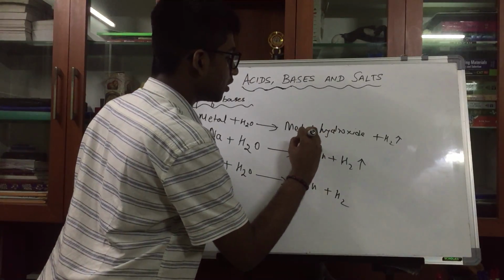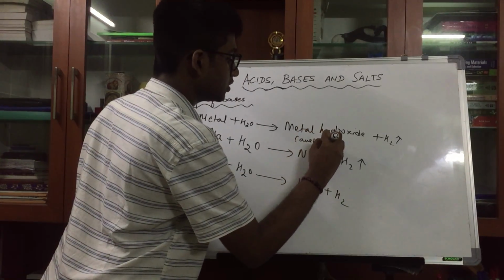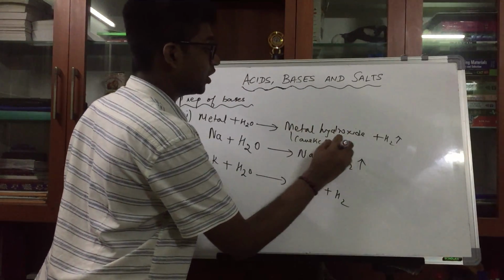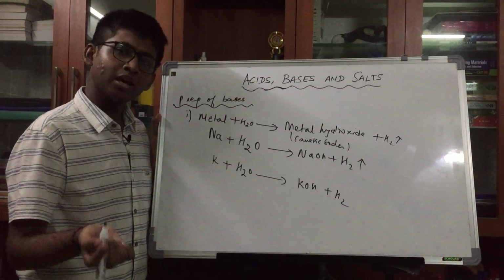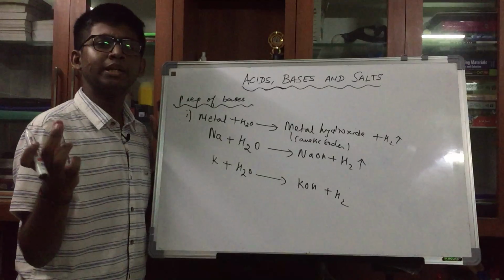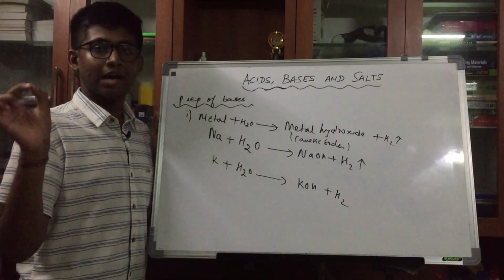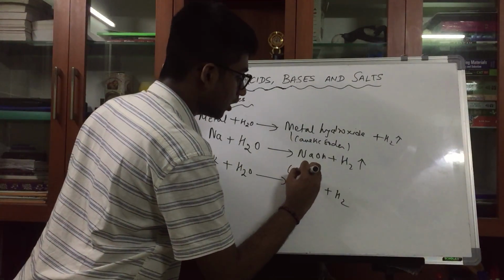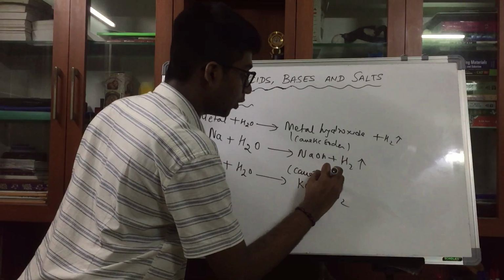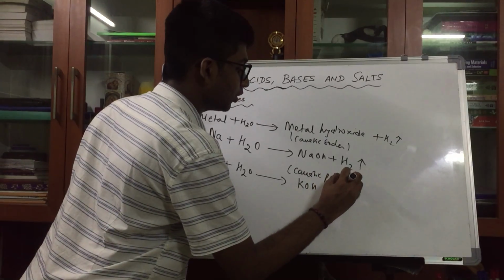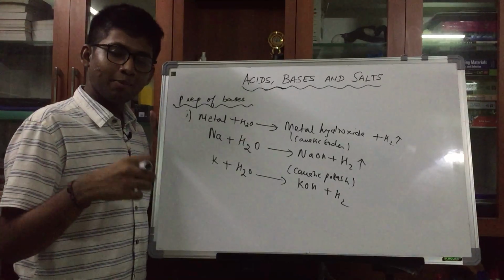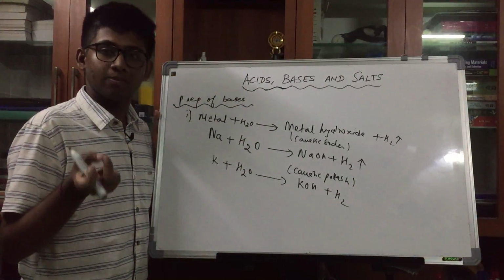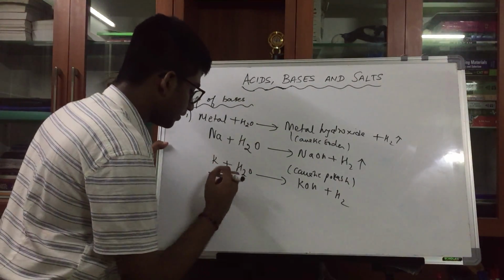NaOH is commonly called caustic soda, so the chemical name is sodium hydroxide. Likewise, KOH is caustic potash, so the chemical name is potassium hydroxide.